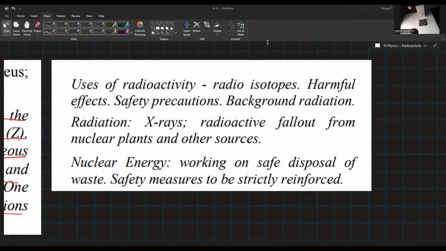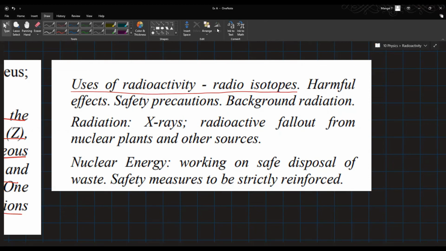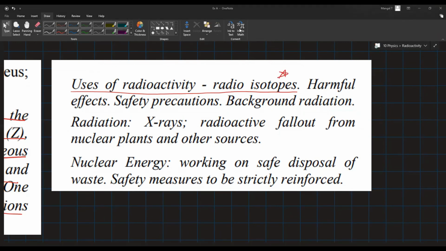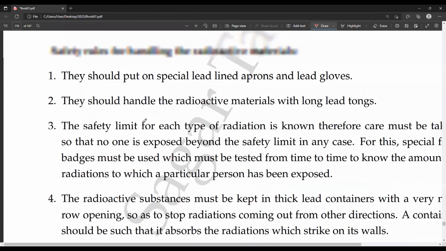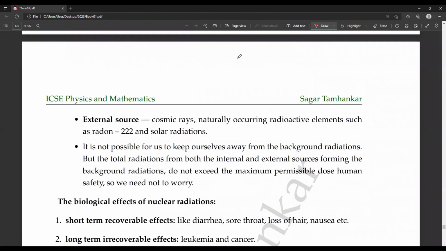Okay. So now we have the next part, that is use of radioactive isotopes. This is also very important. There are 3 types of uses of radioactive isotopes, which are given in the notes.